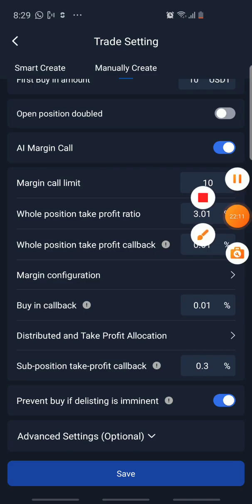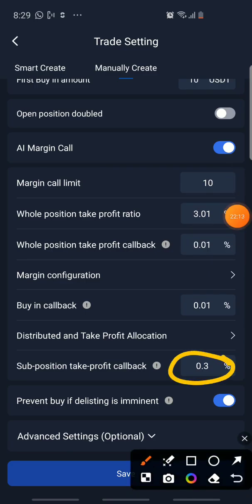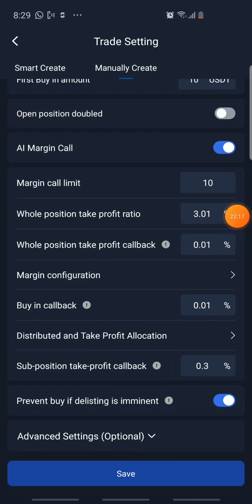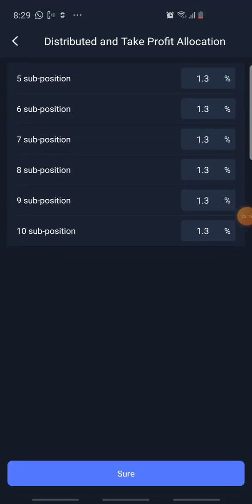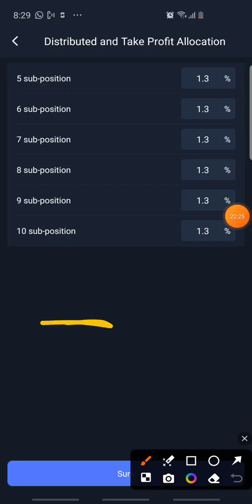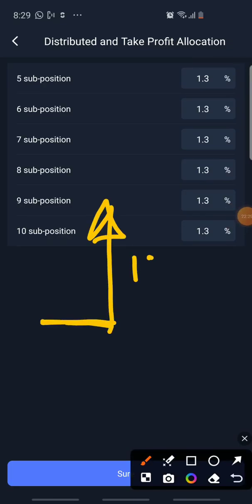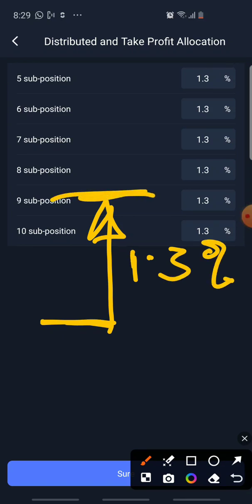Sub position take profit callback works the same way. Remember, under distributed take profit allocation there is 1.3, so if the market rises by 1.3 for position, let me say position 5, the robot will sell. But for it to sell, there is the callback, whose default is 0.3, but you can change it.